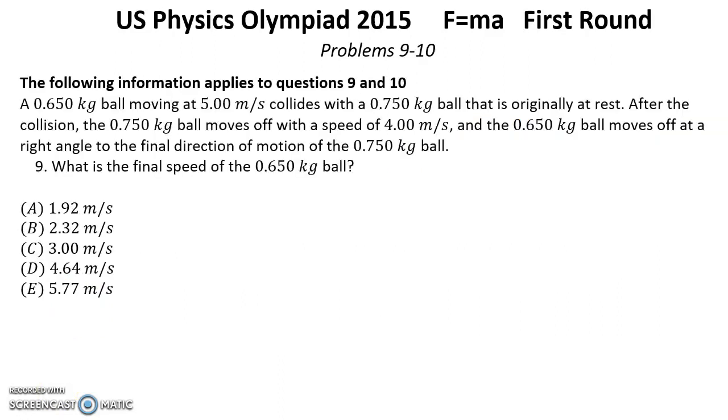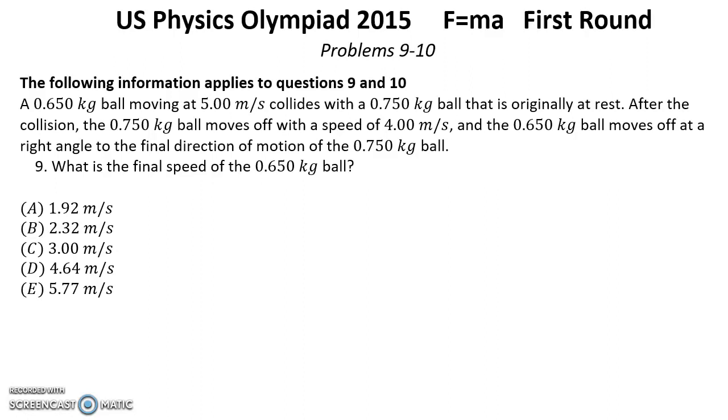Problems 9 and 10. The following information applies to questions 9 and 10. A 0.65 kilogram ball moving at 5 meters per second collides with a 0.75 kilogram ball that is originally at rest.